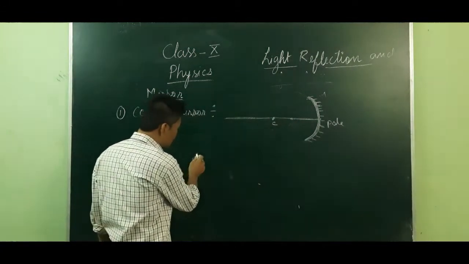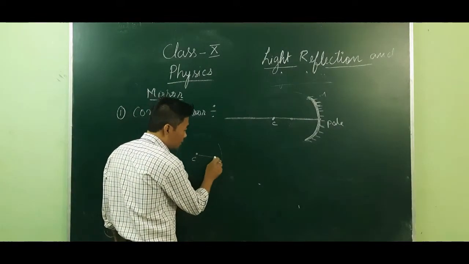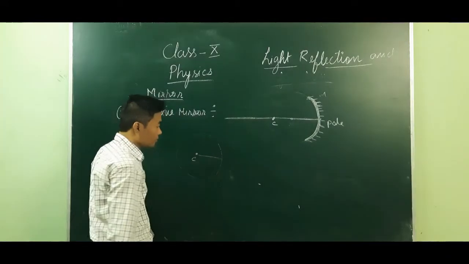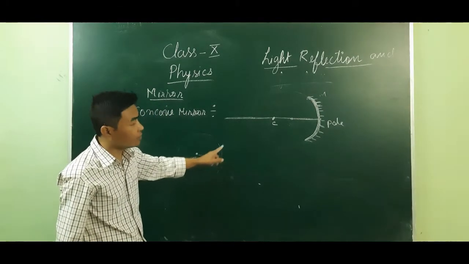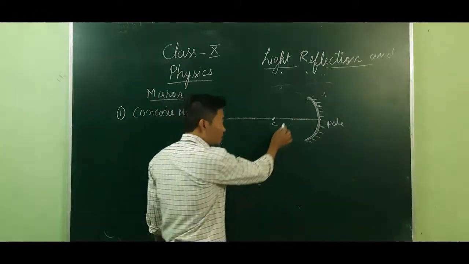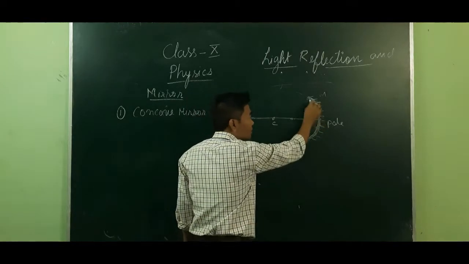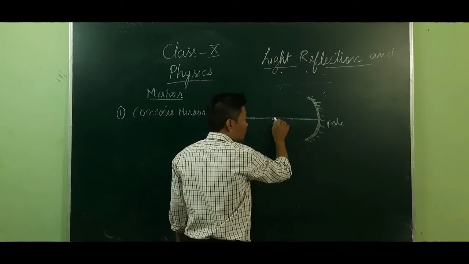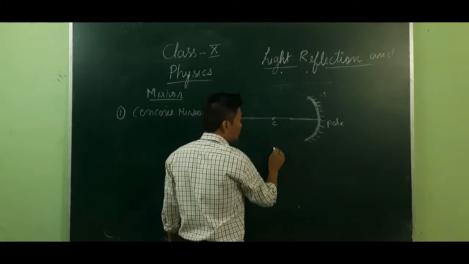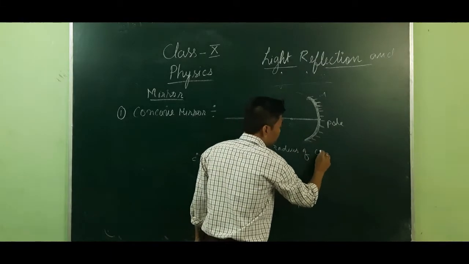Now the distance from this center of the circle to the circumference, this boundary of the circle, we call it the radius of a circle. If you compare this one here, from the center of this spherical hollow to the boundary of this mirror, up to the pole, is called the radius of curvature.